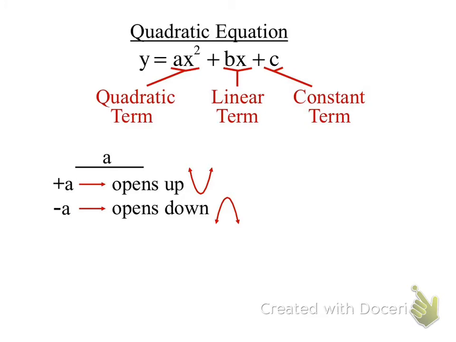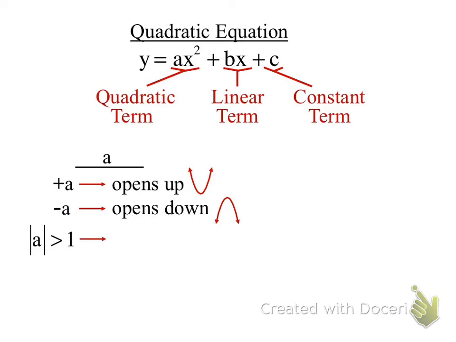The absolute value of A, if it's greater than 1, what shape will it make, Michelle? Tell me about the shape. Not what kind of shape, but how would you describe it? Yes. If it's greater than 1, it would be narrow. It's going to be skinny or narrow.